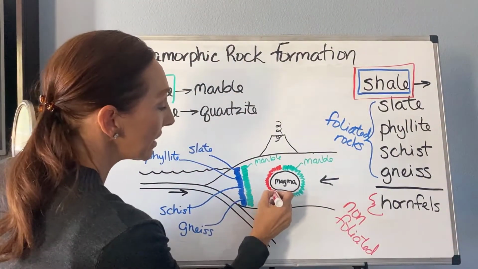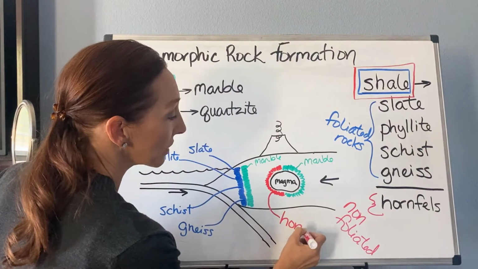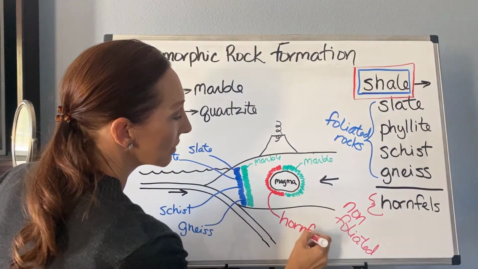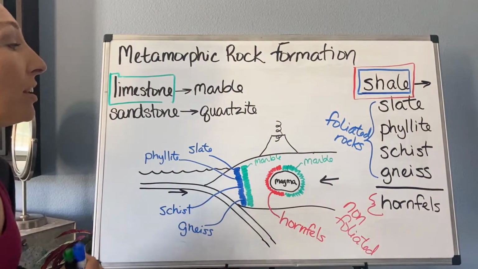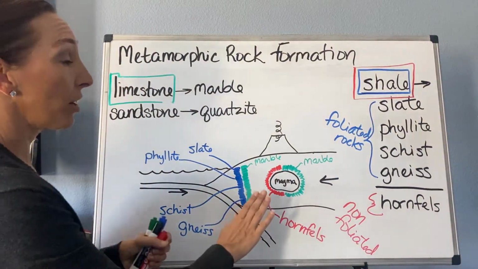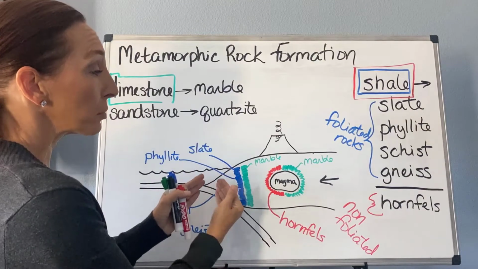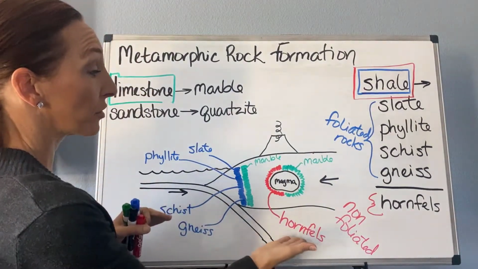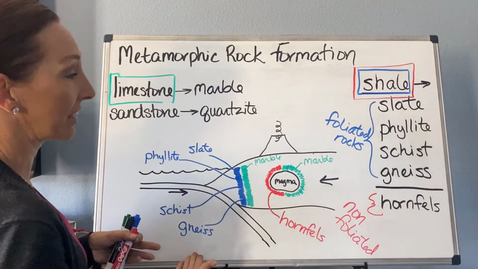And so right in here, I would get the non-foliated hornfels. So that's the big difference. Depending on whether you're getting that really squeezing pressure or just kind of an overall general pressure from depth, you'll produce two different rocks, the hornfels or the slate to gneiss series.